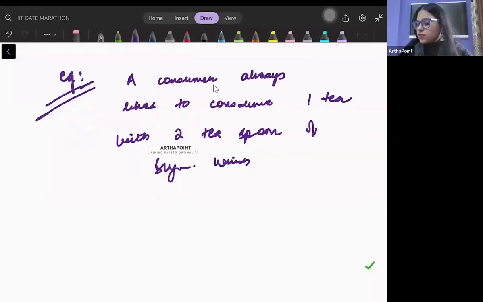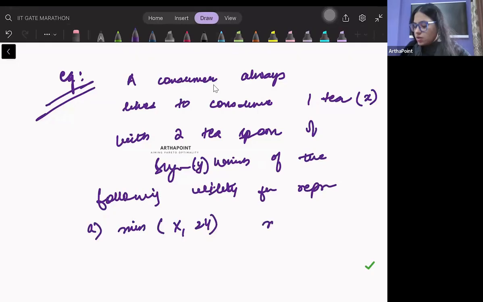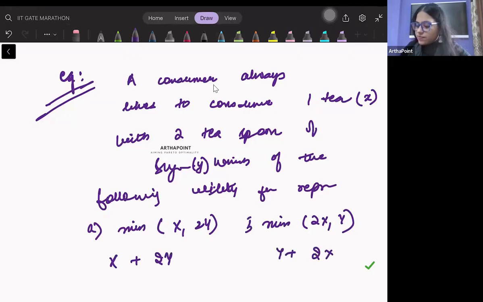And then they ask you which of the following utility function represent this. ऐसा करके कर दिया. And tea को they have written it with X and teaspoon को, sugar को they have written it with Y. And then they give you min of X comma 2Y, min of 2X comma Y, X plus 2Y, Y plus 2X. A very often asked question in exam. तो क्या करें? What will we do?